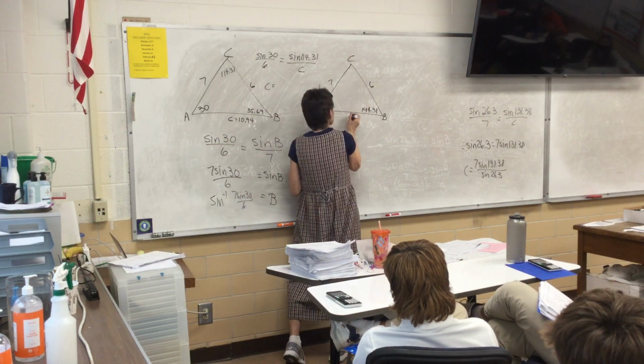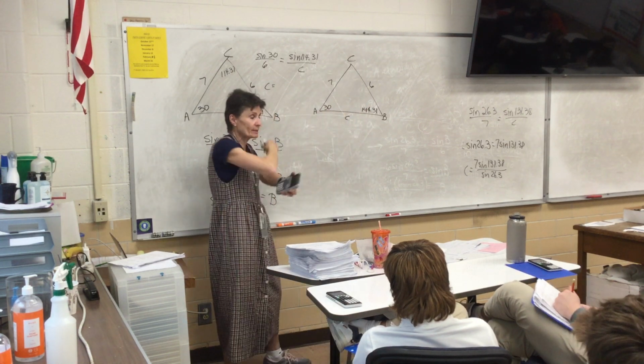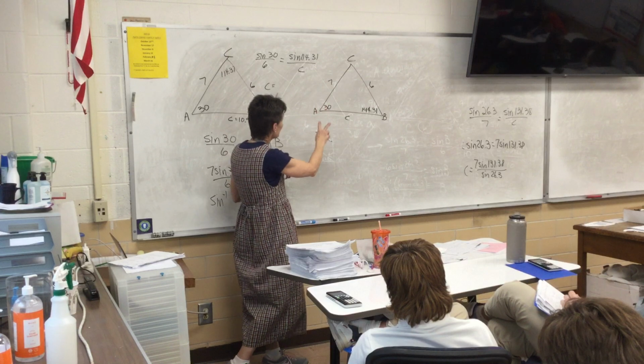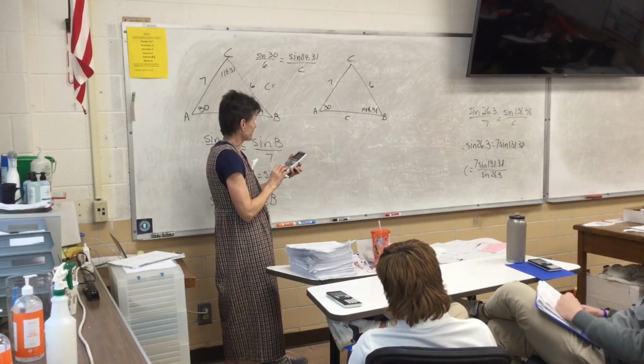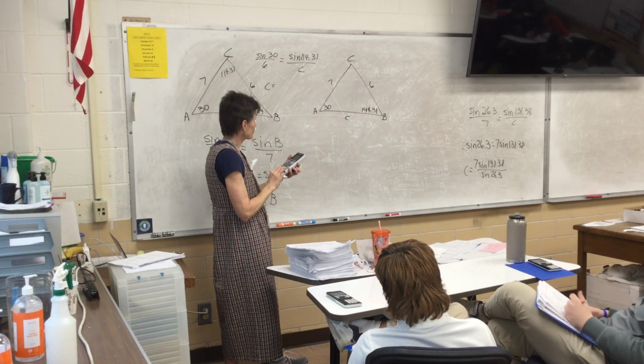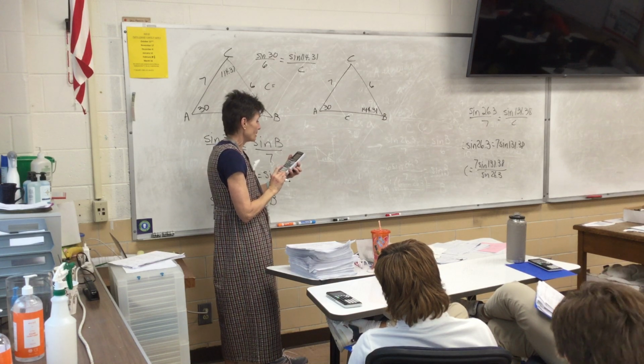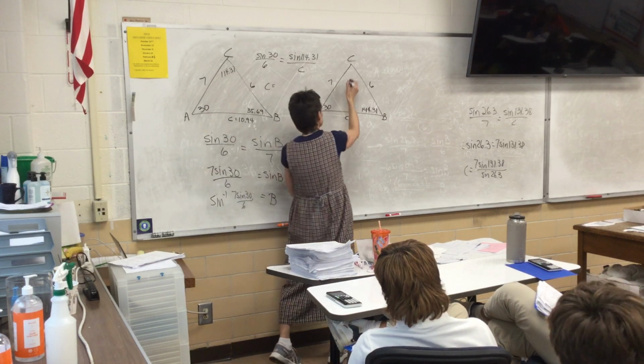Well, the fun never ends. We get to step over here now and do exactly what we just did with those numbers. So that angle C is going to be tiny, 5.69.